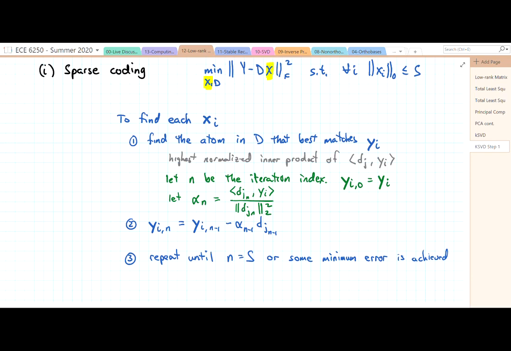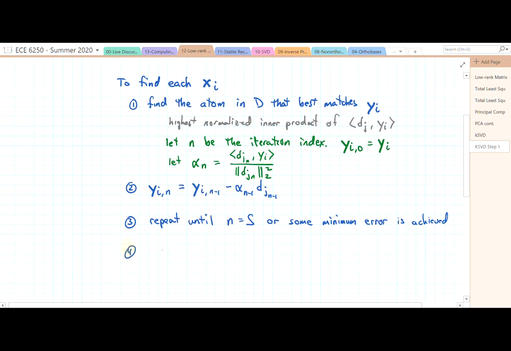Okay, so once we've done that, then x sub i is going to be equal to a vector where most of it will be 0, but we will have an occasional alpha sub n, and my representation isn't very good there, but you get the idea.